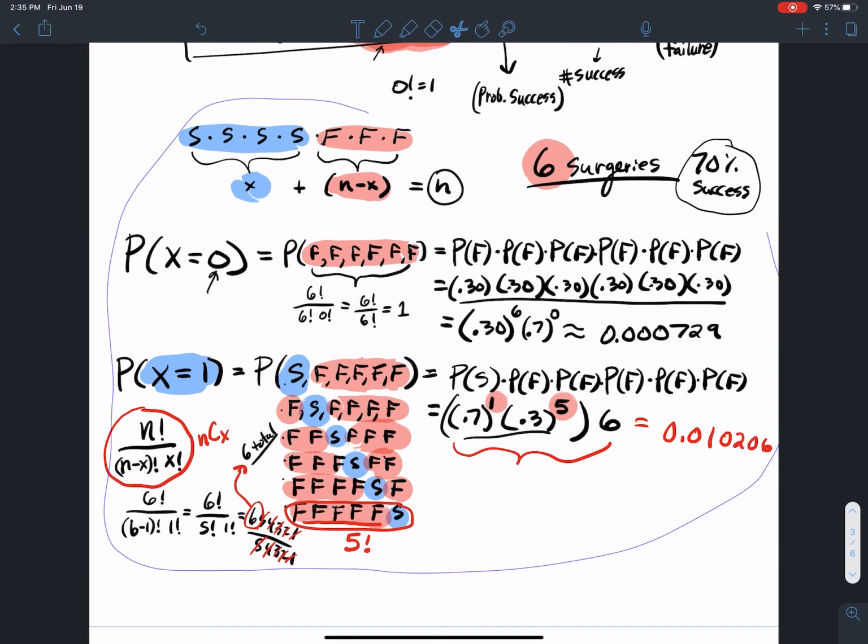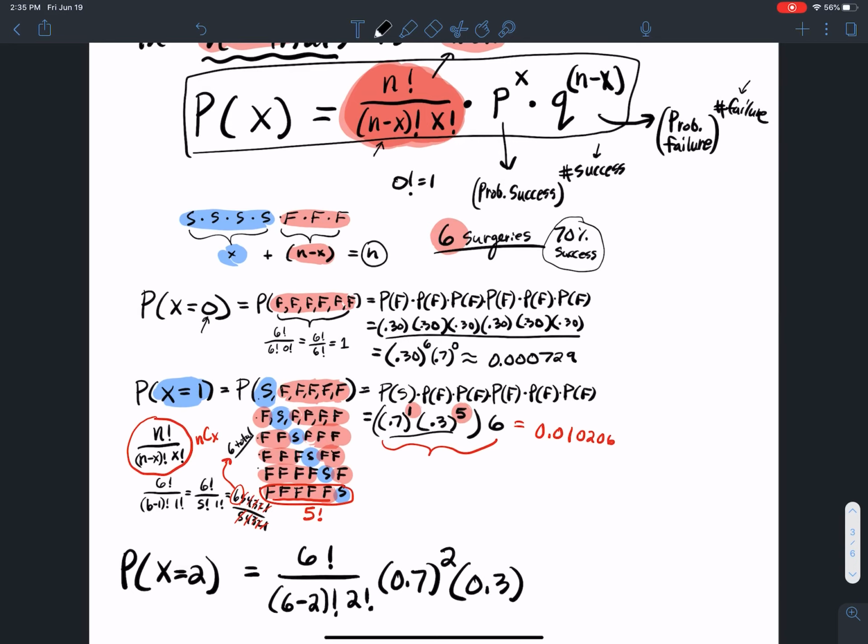And just to show you how it works with the formula, if x equals 2, so probability that x equals 2, so I have n, which is 6 factorial over 6 minus 2 factorial times 2 factorial. Probability of success is 0.7 raised to the 2 times the probability of failure, 0.3 raised to the 6 minus 2.